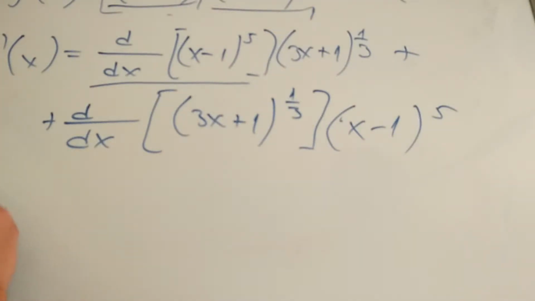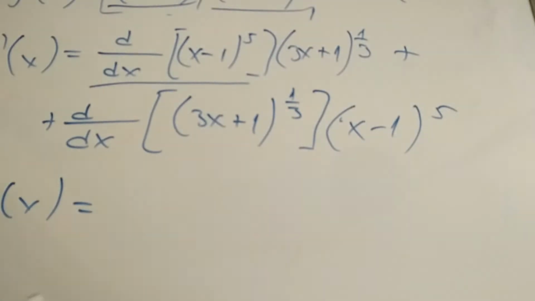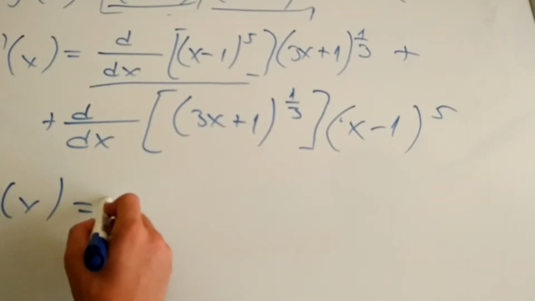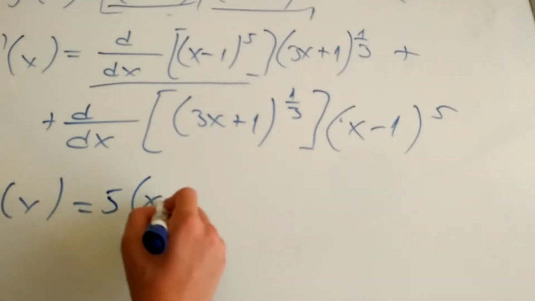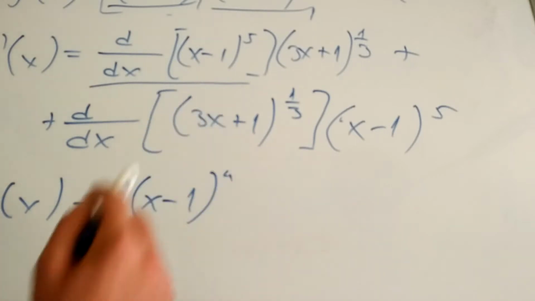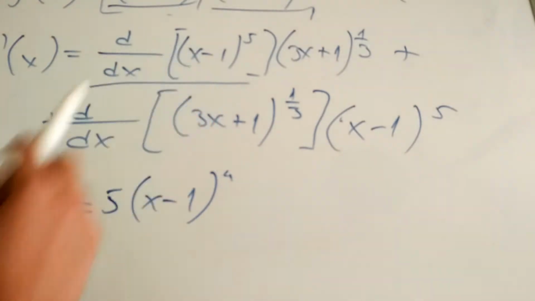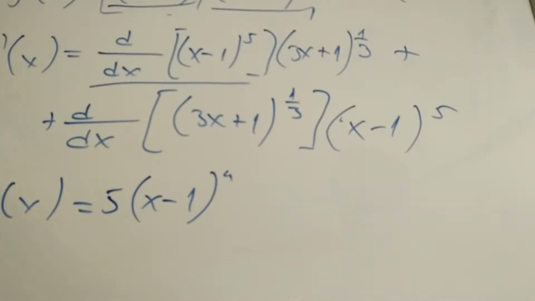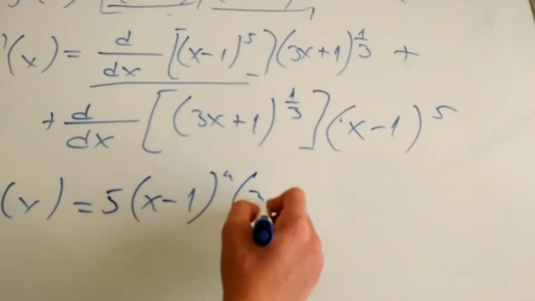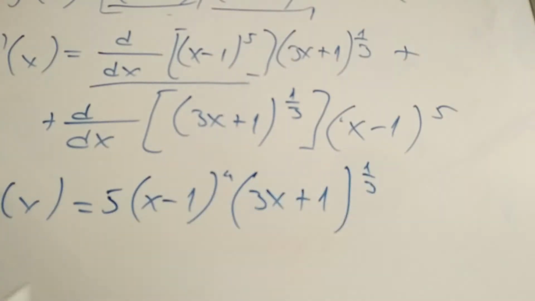So we will get 5 times (x minus 1) to the fourth power. And then we need to find the derivative of the inside function with respect to x, but since the derivative of x with respect to x is 1, we don't write that, times (3x plus 1) to the 1/3 power.